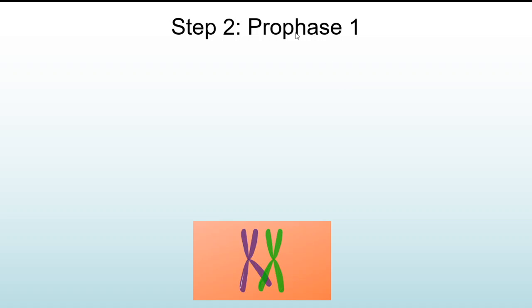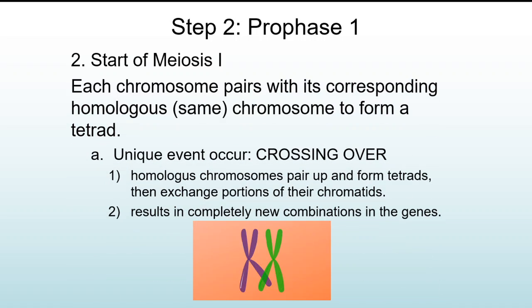So then we get to step 2, and now we have those ones that are tied together a little bit. Remember our homologous. So our homologous are shown here by color, so purple and green. And so this is what happens in prophase 1. So this is the start of what we call meiosis 1. That interphase is kind of the precursor, our beginning, before we actually start meiosis. And so what happens here in meiosis 1?